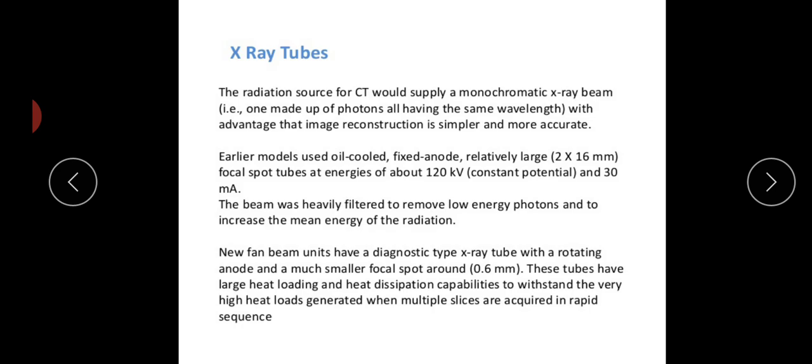New fan beam units have diagnostic type X-ray tubes with rotating anode and a much smaller focal spot of around 0.6 mm. These tubes have large heat loading and heat dissipation capabilities to withstand the very high heat loads generated when multiple slices are acquired in rapid sequences.